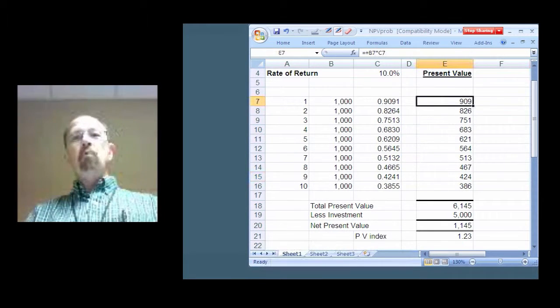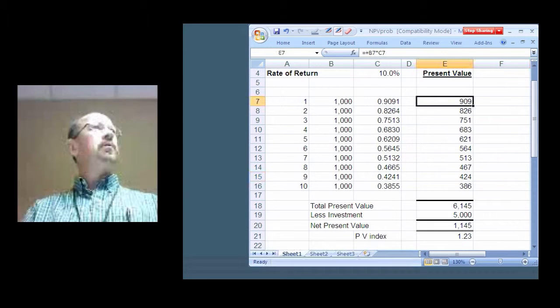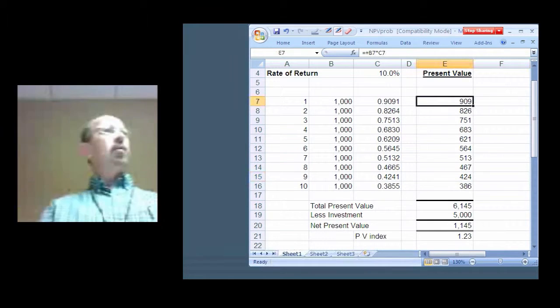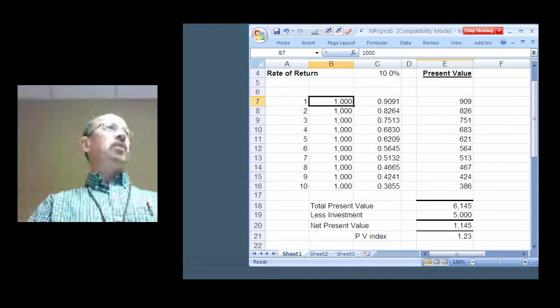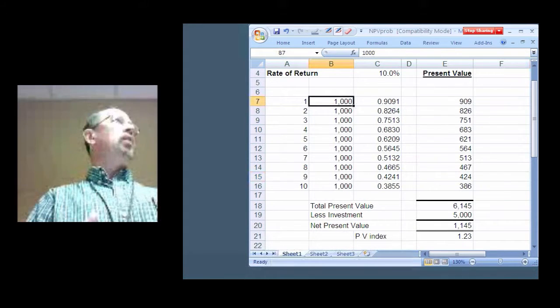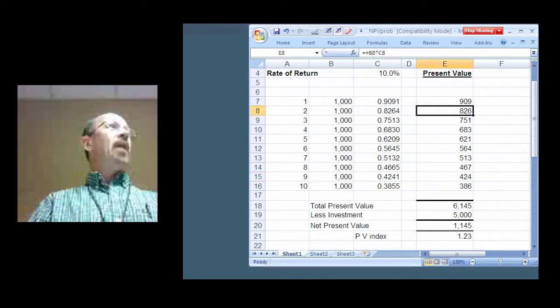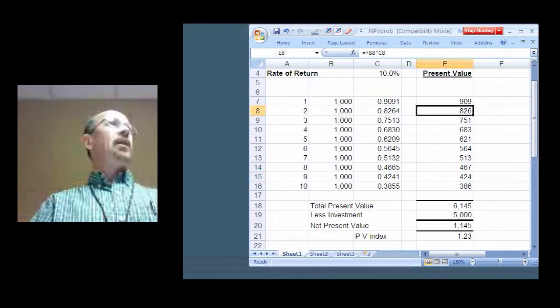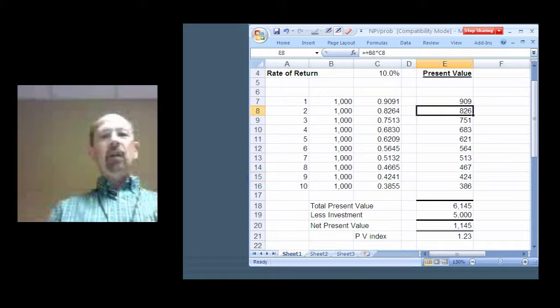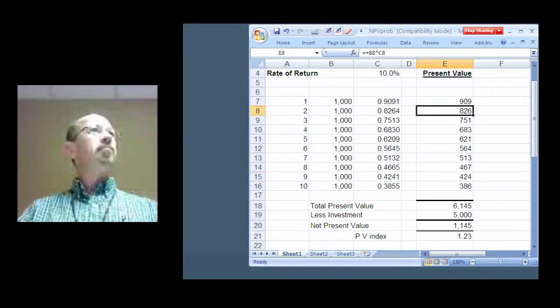Today, it would be worth $909. Or if I put in my calculator $909, how much interest can I earn in a year? I could earn $91. 909 times 0.1 would give me $91. I add that to 909, I get my 1,000.